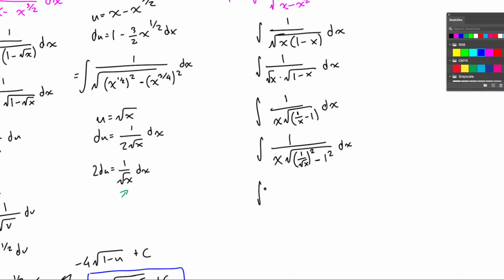This can also be 1 over x squared times 1 minus x dx.